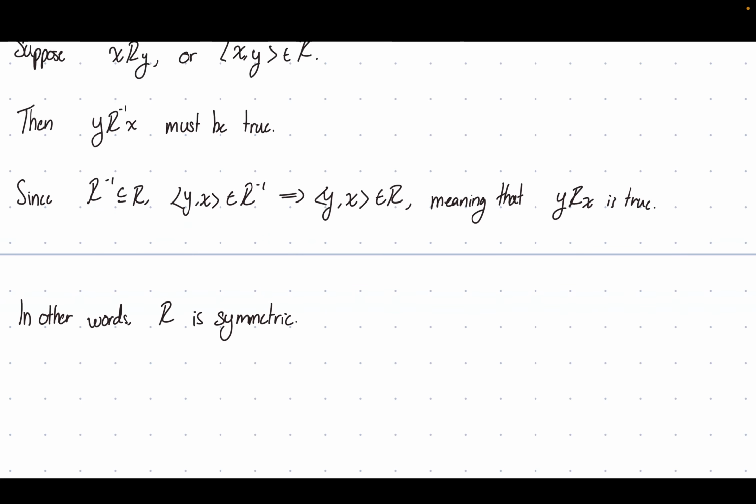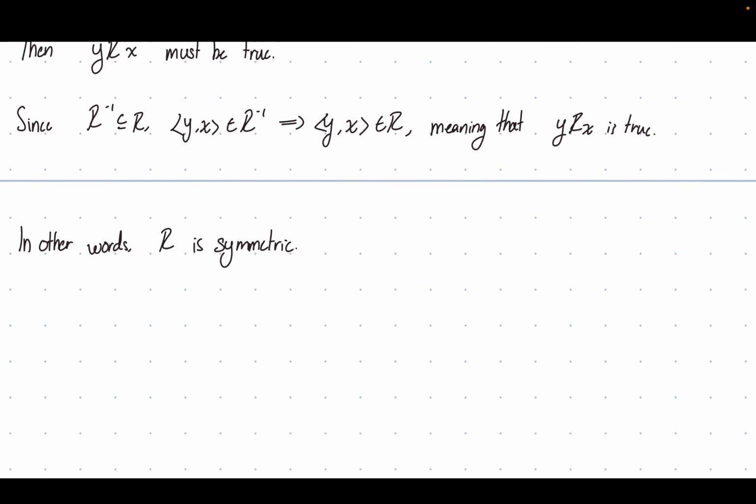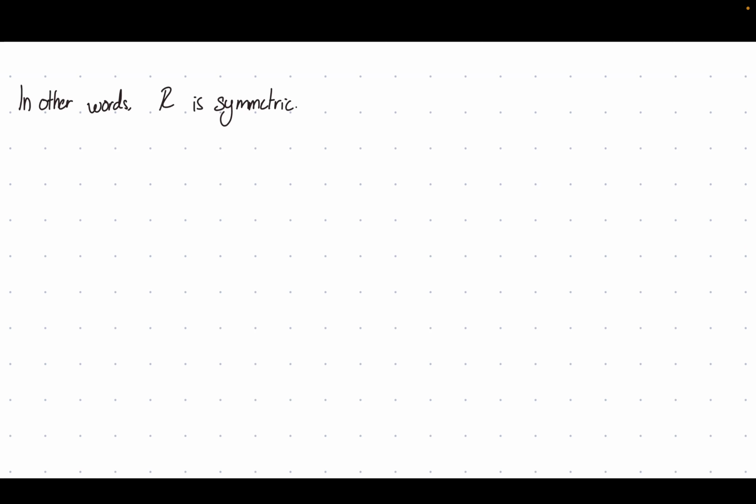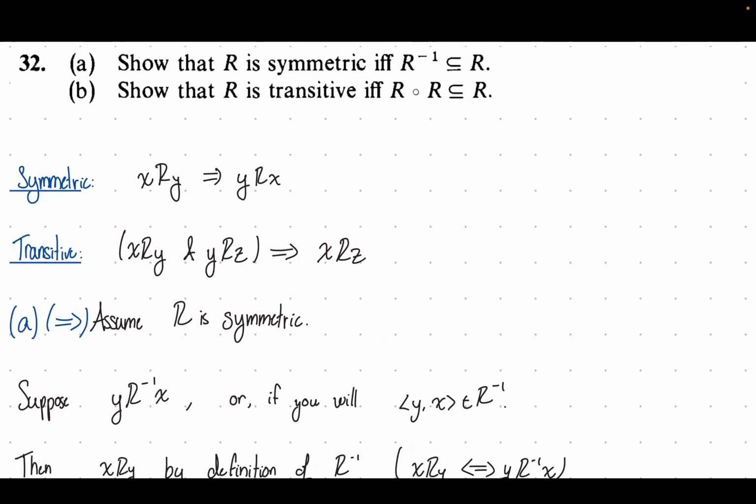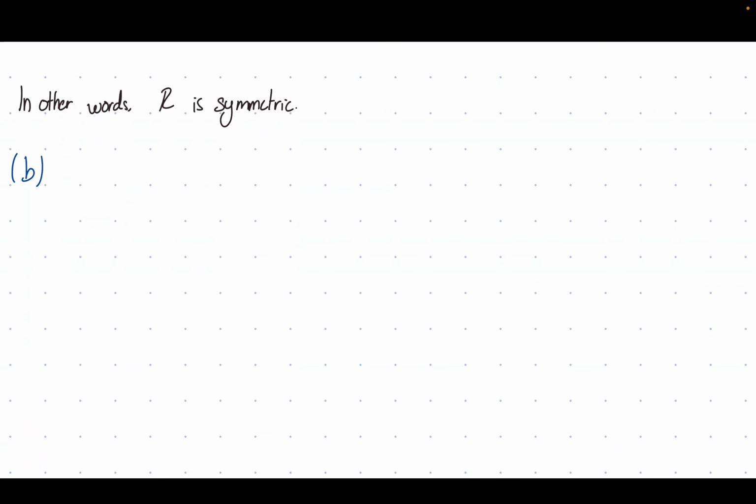Alright, there we go. And now, we have to show that R is transitive if and only if R composed with R is a subset of R.